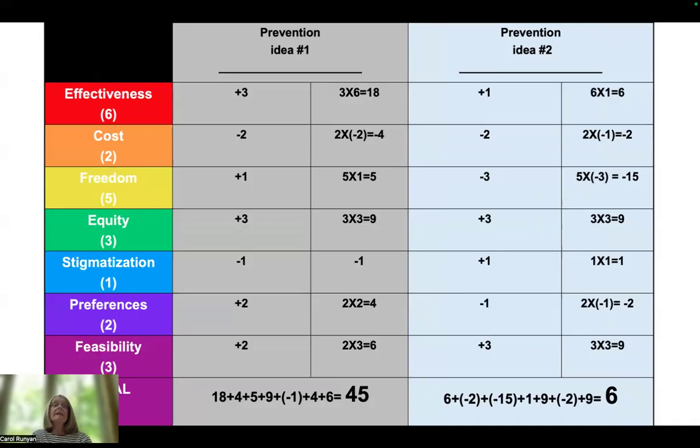So here I've taken what I showed you and multiplied the effectiveness of +3 by the value of 6, which gives you a score of 18. -2 by the value of 2 gives you a score of -4, and so on. And then you add up across here, and this one gets a 45, and this idea a 6. So looking at it, this one is much more highly favored and meets your criteria better than the other intervention.